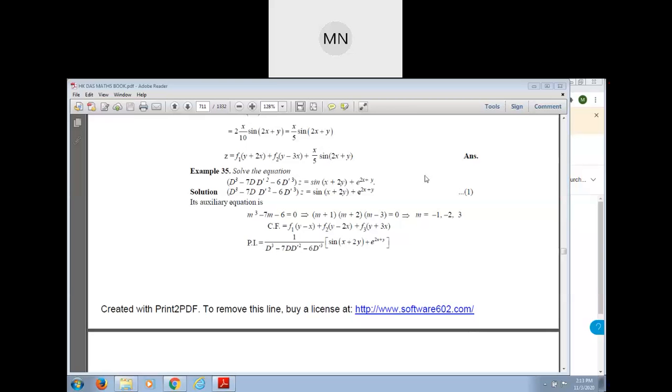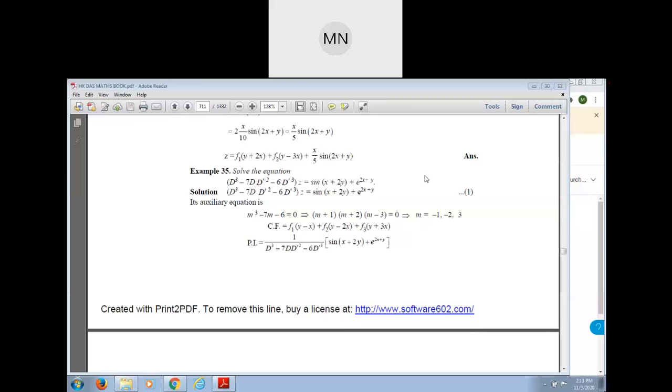Do you get the quadratic equation? If we divide this expression by m plus 1, what is the quadratic form?